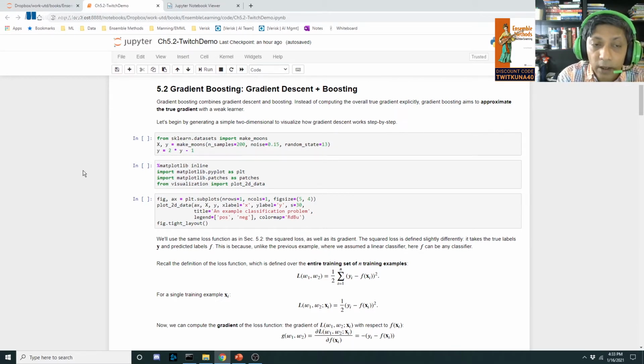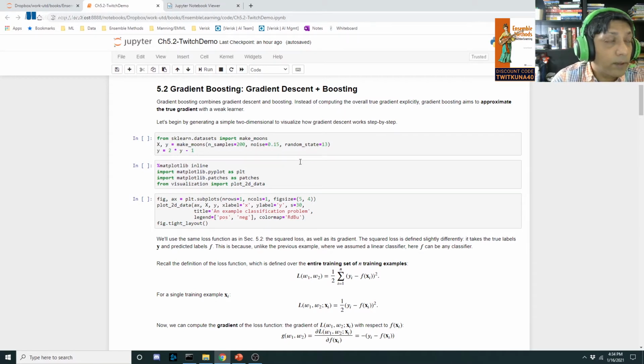We're going to write out a loss function, then write out another function to compute these gradients, which are essentially the residuals, and then build our gradient descent procedure, and see step by step what it's actually doing over here.